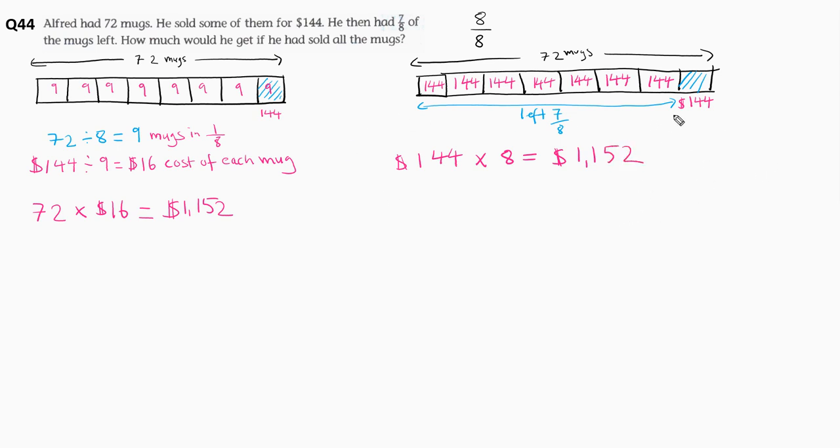It's the same answer. This seems easier to me. I don't know why the book has this extra step of working out the cost per mug. I think that's unnecessary. It doesn't matter which way you went about it, but hopefully the model will have shown you a way to calculate it, and that's the point.